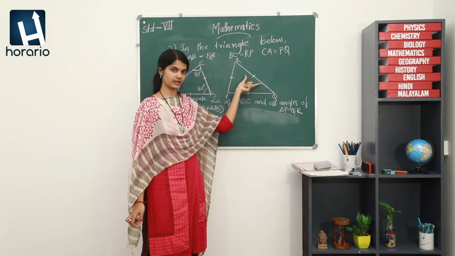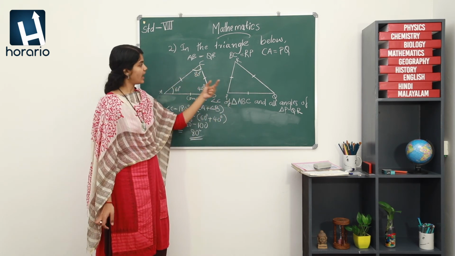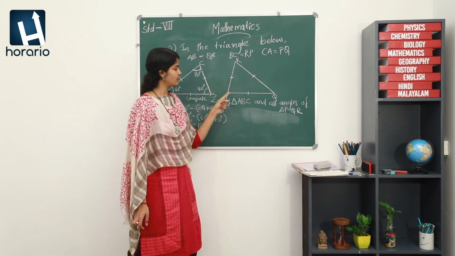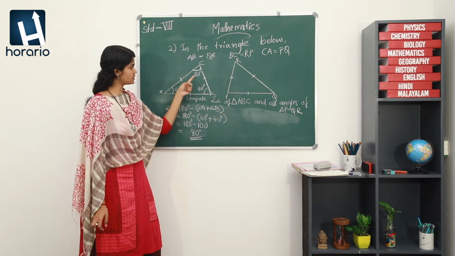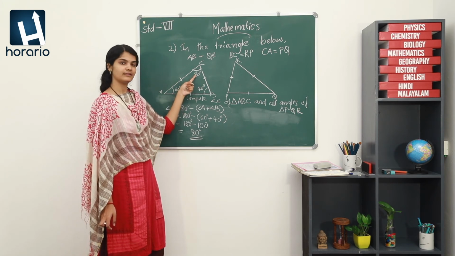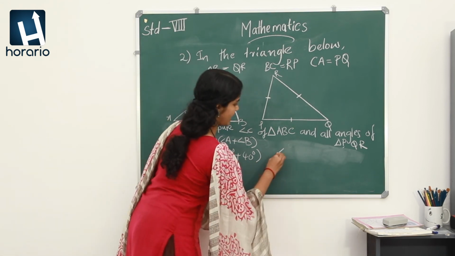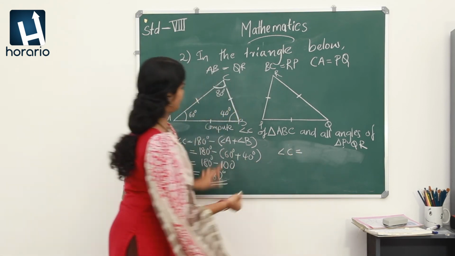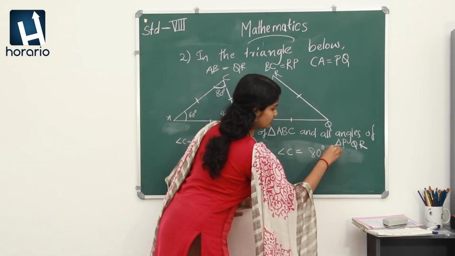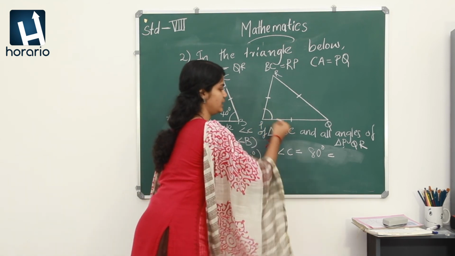AB's opposite angle is angle C and QR's opposite angle is angle P. Here AB's opposite angle is measured as, yes, 80 degree. So we can write angle C equal to 80 degree, which is also equal to angle P.